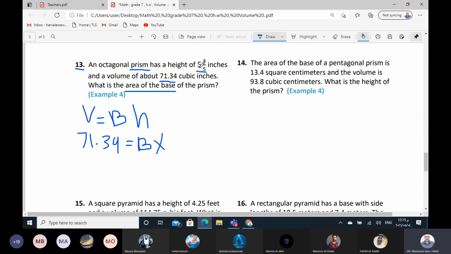In improper fraction, 5 times 5, 25, 25 plus 4 will be 29 over 5. We can divide here 29 divided by 5. The answer will be 5.8.